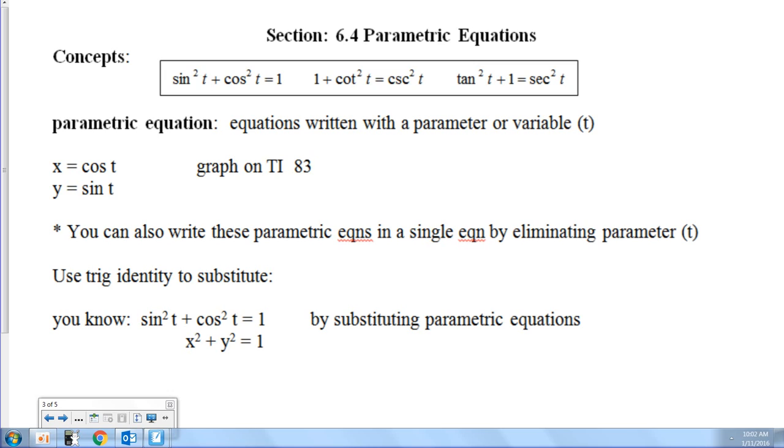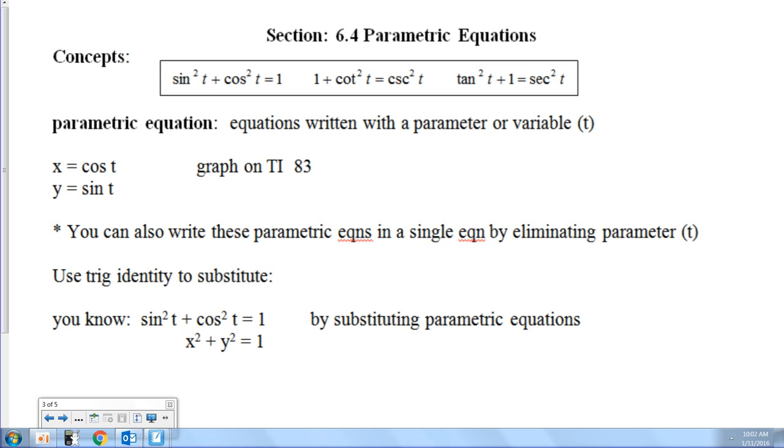Another reason is that it makes more sense in some story problems. A lot of times parametrics are in terms of t, and t can represent time. So you can draw things based on time that have two things going on instead of one.